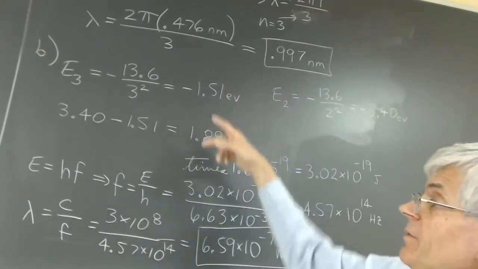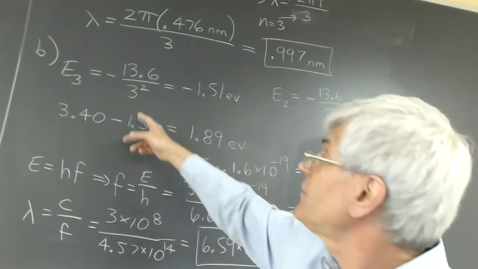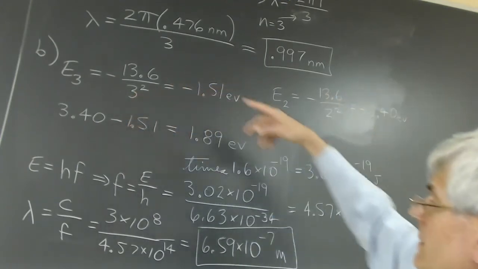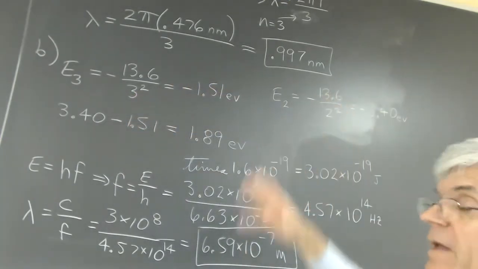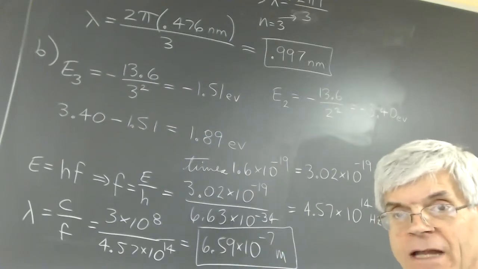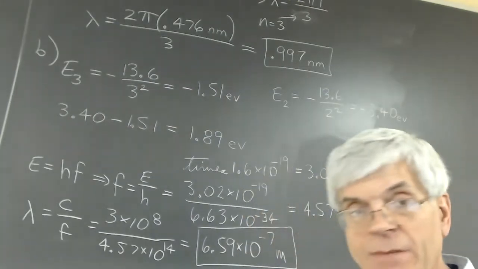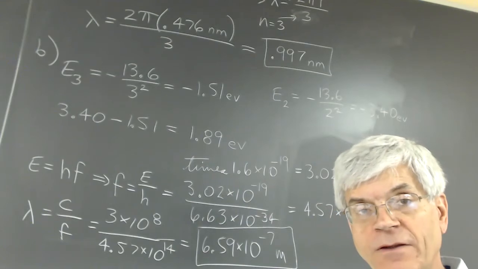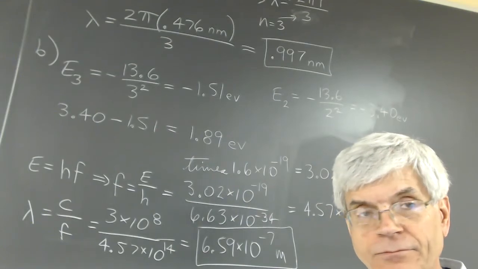He went through this process, except instead of filling in specific numbers, n equals 3 and n equals 2, he just left it all in terms of n initial and n final, and was able to derive the relationships that had been seen in the spectrum of hydrogen.